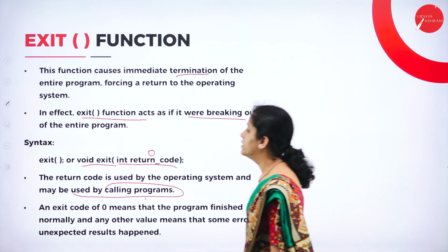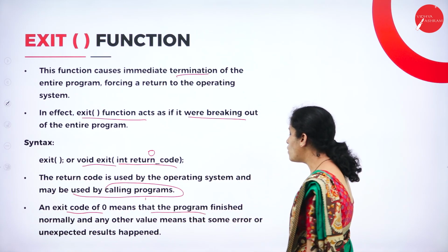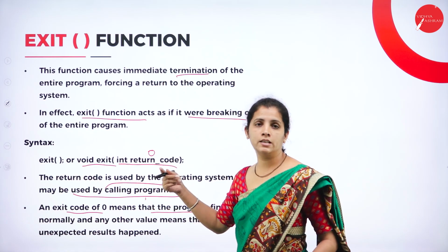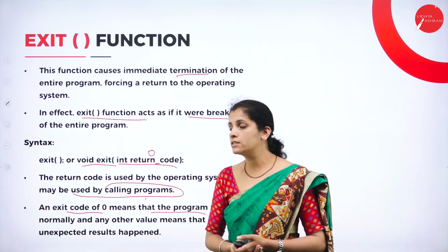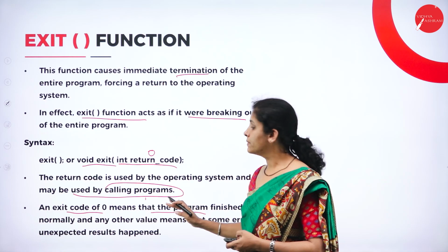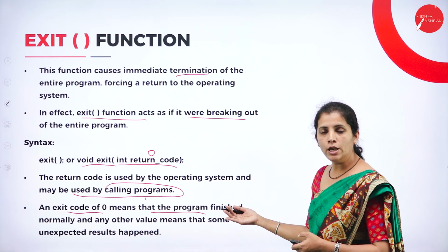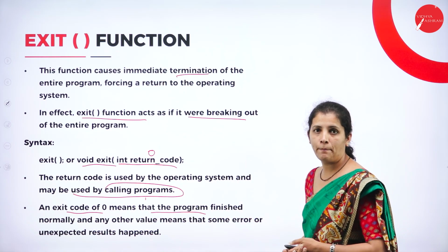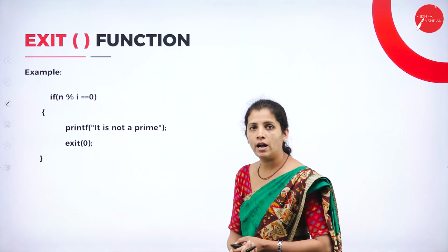And if exit code is 0, the program finished normally. That means when exit function returns 0 value to the operating system, then it indicates that the execution is completed normally. And if it returns some value other than 0, then unexpected errors happened. So this is the way I can use exit function.